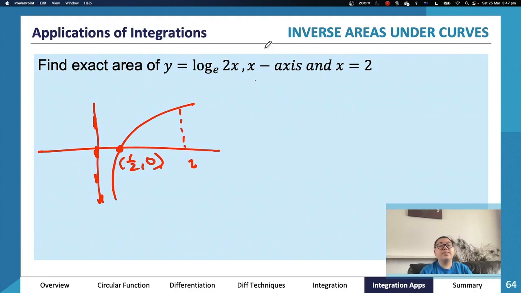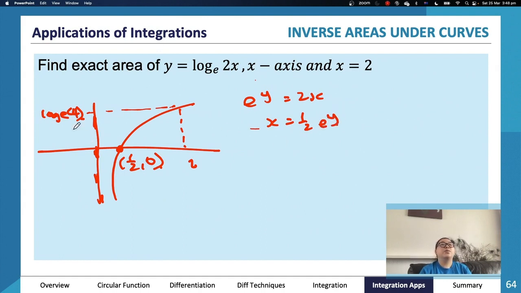Now we also need to find out what log_e 2 corresponds to, and that will correspond to log_e 4. Now we want to get this area here instead. Unlike an inverse function, we don't actually have to make it an inverse function. All we have to do is rearrange for this. So it'll be e to the y equals 2x, and then x equals 1/2 e to the y.